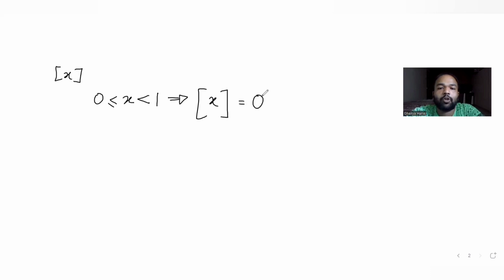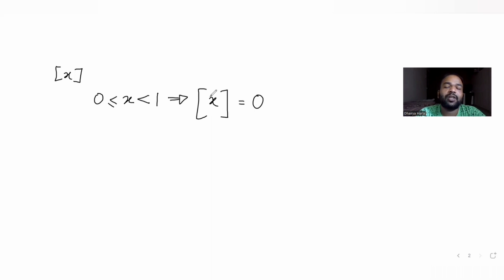Since it is a greatest integer function, for all values of x from 0 but less than 1, its value turns out to be 0, because the greatest integer function gives the greatest integer that is less than or equal to x.